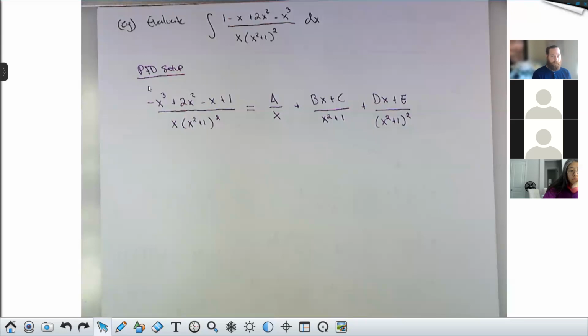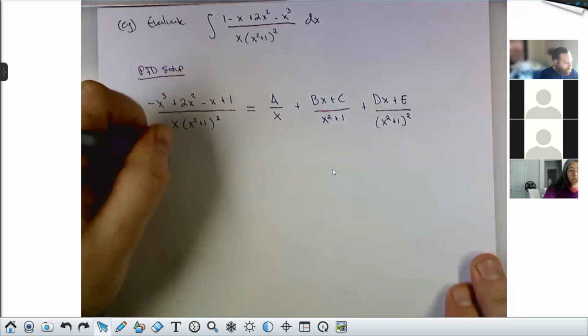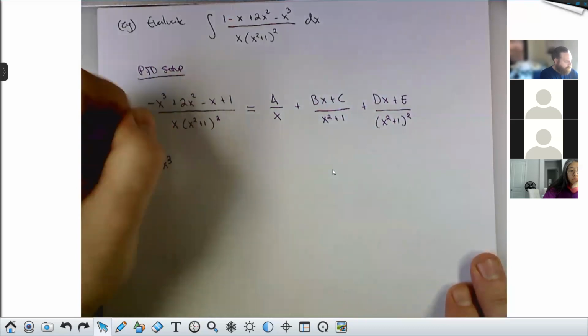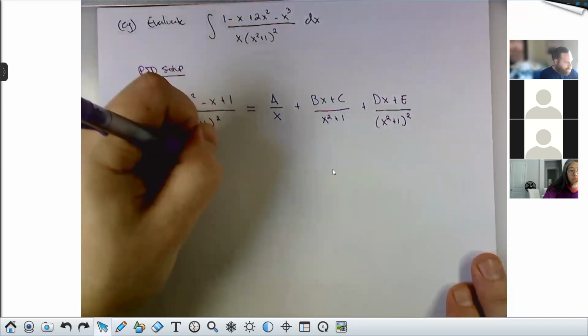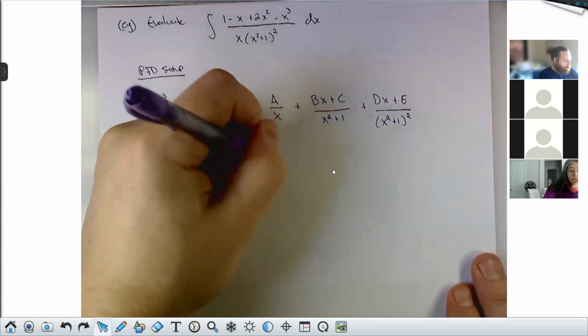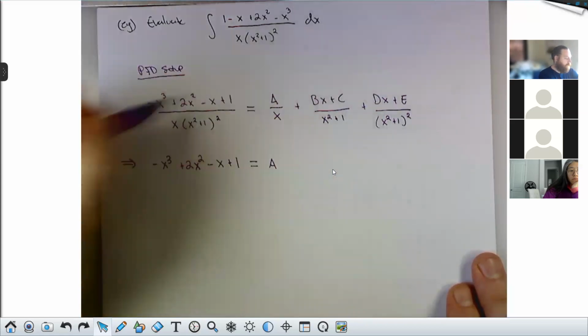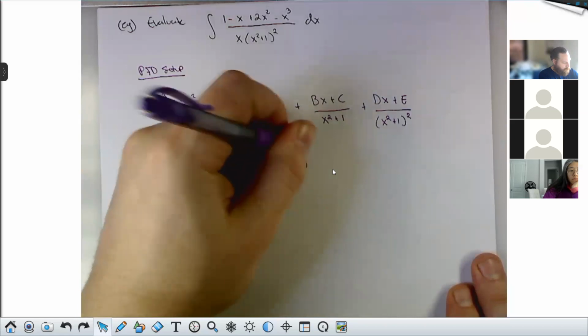All right, if we're all comfy with this setup, the next step is to clear out all the denominators. So on the left-hand side, I'll just be left with the numerator, negative x cubed plus 2x squared minus x plus 1. On the right-hand side, A over x, the x will cancel, and I'll have x squared plus 1 quantity squared.